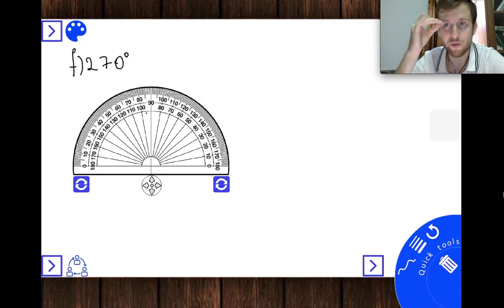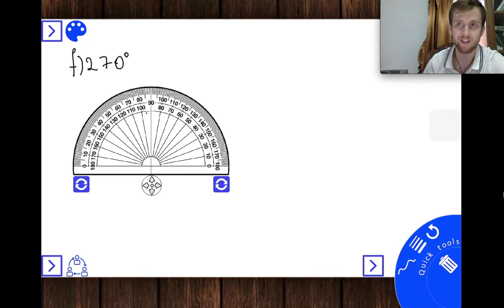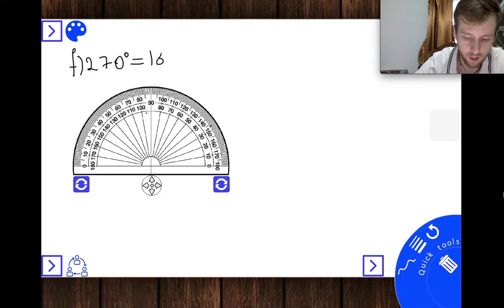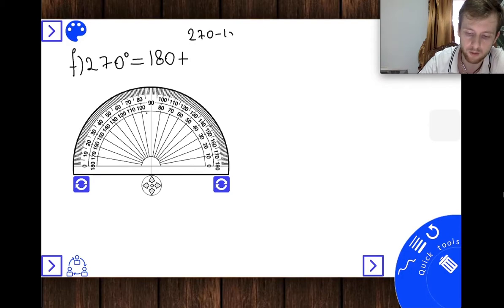So the way we should do this is we should express 270 as a sum of 180 and something else, whatever is there. So 270 is equal to 180 plus, and here what you can do is 270 minus 180.